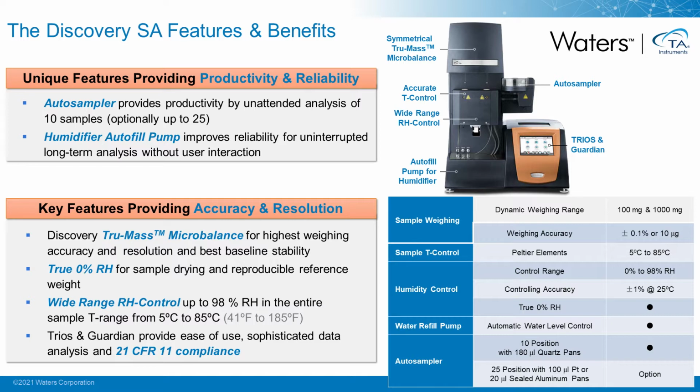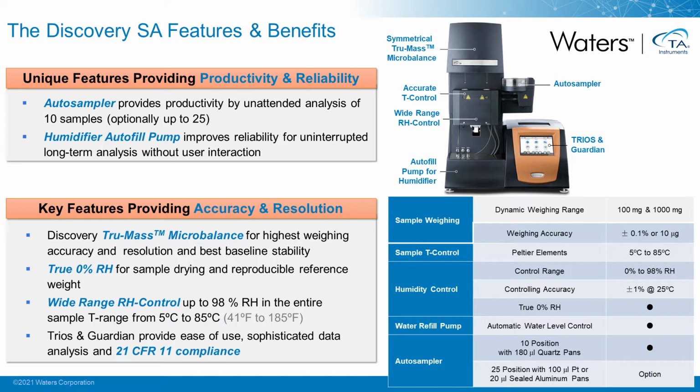It has a wide RH and temperature control, so the temperature range from 5 to 85 C with RH control up to 98%. Actually, a plot of RH versus temperature would be a rectangle in that case. And this is 21 CFR 11 compliant, which is very important in the pharmaceutical industry.